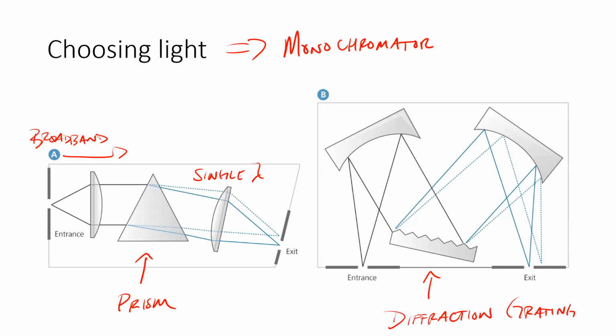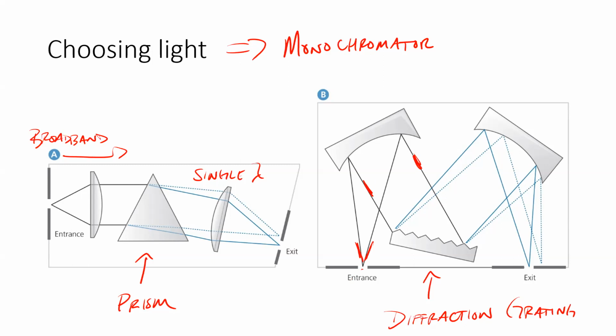And so you have a single point source, and then what this first curved mirror does is it collimates that beam, right? Even though they're all different wavelengths, it makes sure they're all traveling in one direction. So it goes from this divergent beam into a collimated beam when it hits the diffraction grating.